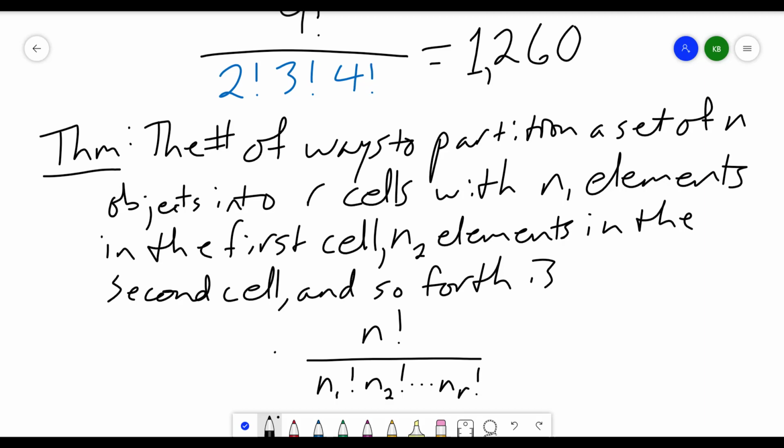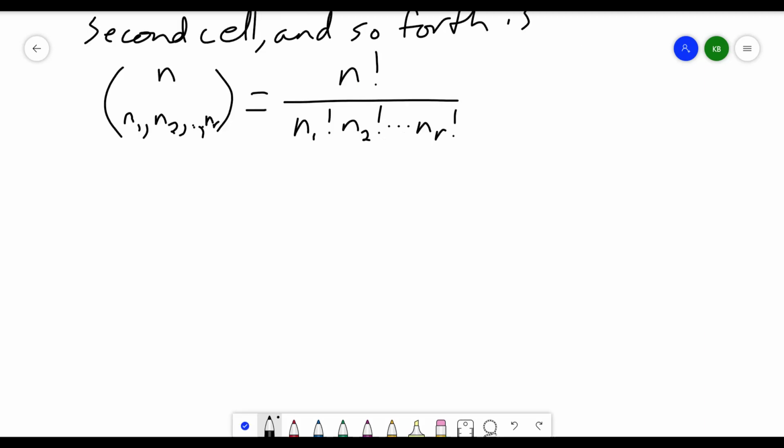And now we also have this special notation where we're actually saying we have n elements and we're going to choose from them n sub 1, and then we'll choose n sub 2 elements, and so on until we're choosing n sub r elements. And we separate those with commas. And we said when we were doing a partition, everything had to be in exactly one of our cells.